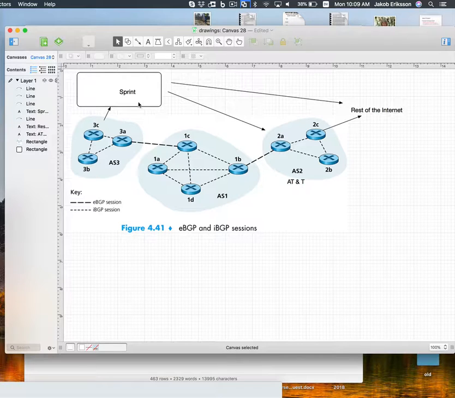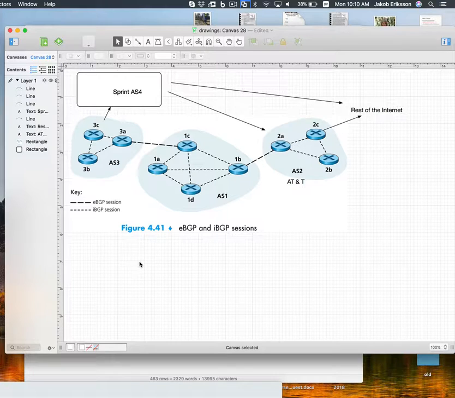So in the case of this route here from AS1 through AS2 to Sprint into AS3, AS2 simply says, I have a route to AS3. Well, it says something more. Actually, I forget Sprint's AS number, so we'll just give it a 4. AT&T here will say, I have a route through AS4 to AS3.